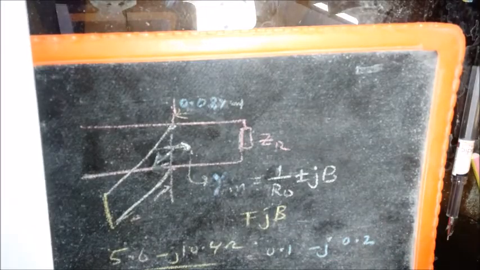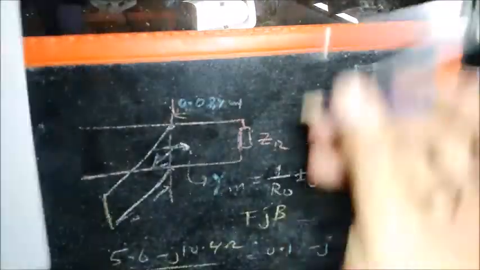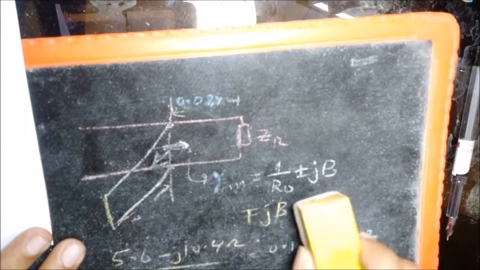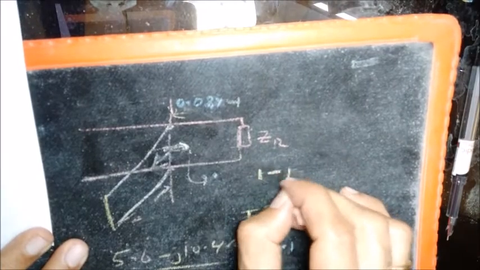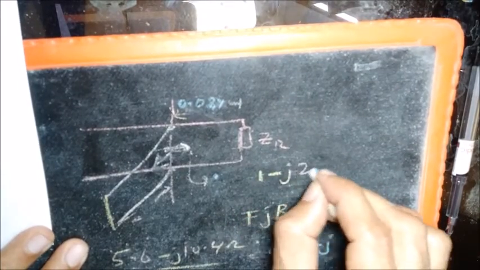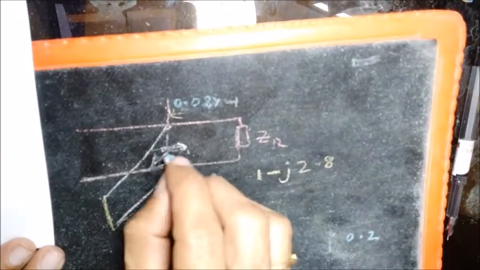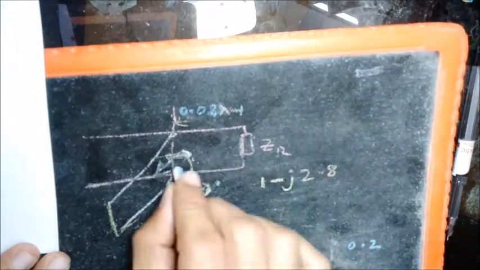Remember, it's negative on this side. So at this point I have normalized admittance as 1 minus j2.8, which is at a distance of 0.08 lambda from the load.